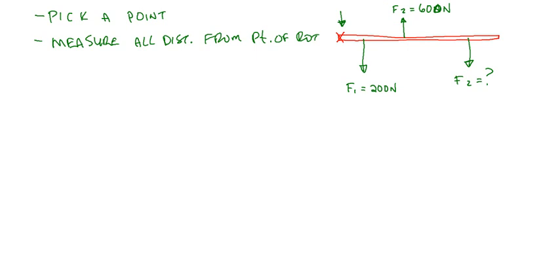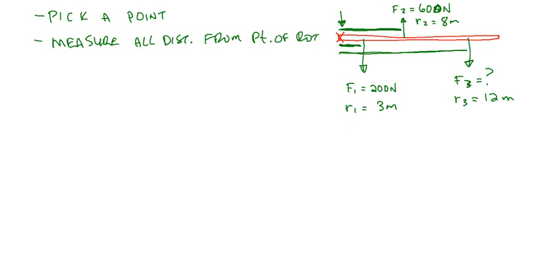We're going to say that R1, the distance from the point of rotation to force 1, is equal to 3 meters. R2, the distance from the point of rotation over here to this guy, is going to be 8 meters. And then I've got F3 on the end. Here R3 is going to be 12 meters. That's the distance from the point of rotation all the way over there.